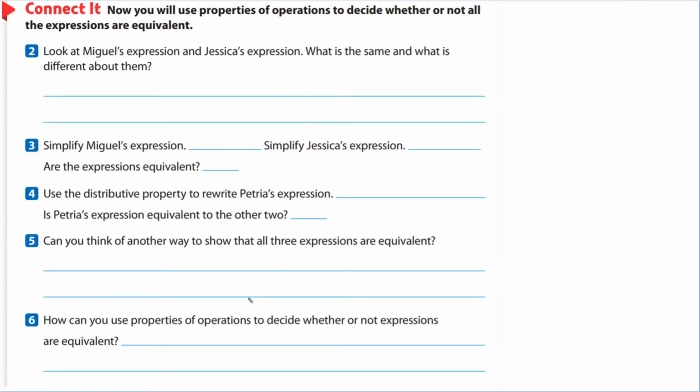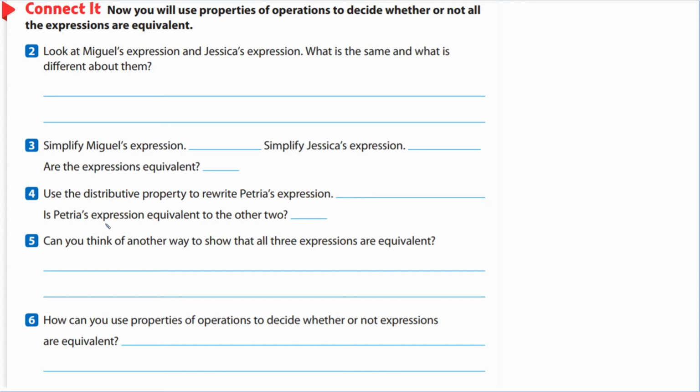Now, you will use the properties of operations to decide whether or not the expressions are equivalent. So let's look at these 5 problems. Look at Miguel's expression and Jessica's expressions. What is the same and what is different about them? Simplify Miguel's expression. Simplify Jessica's expression. Are the expressions equivalent? Use the distributive property to rewrite Petria's expressions.